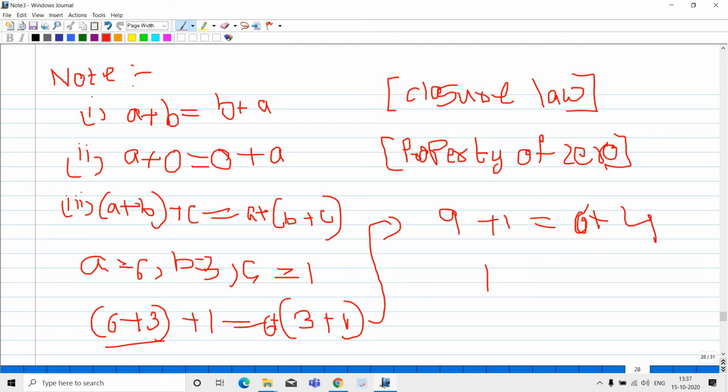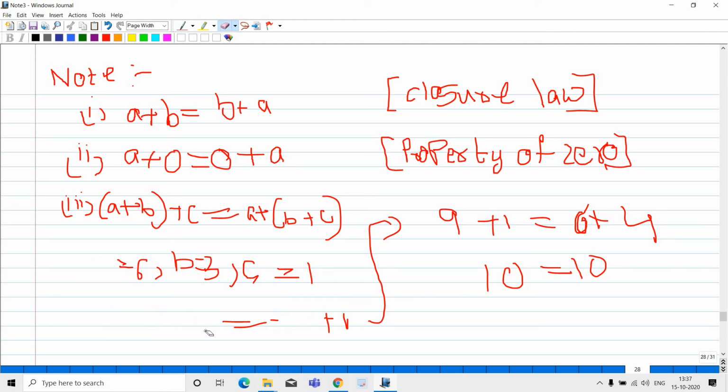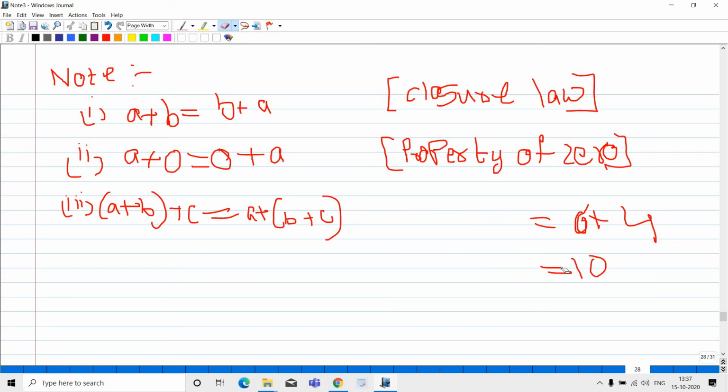So 9 plus 1 is 10 and 6 plus 4 is 10. So by this also we can say that A plus B plus C is equal. And this law is the associative law. Write the example. You can take any example, means any number in the values of A, B, C.